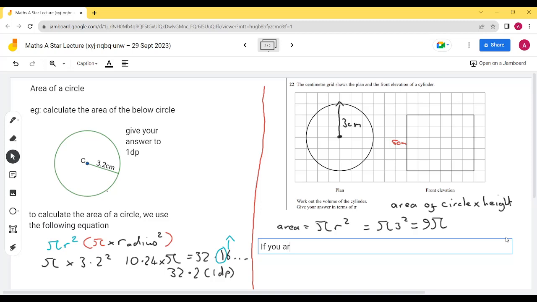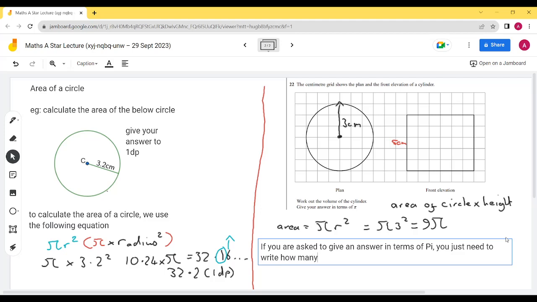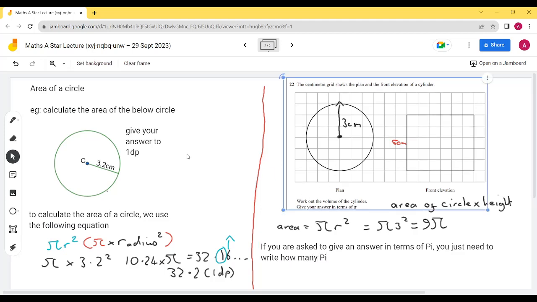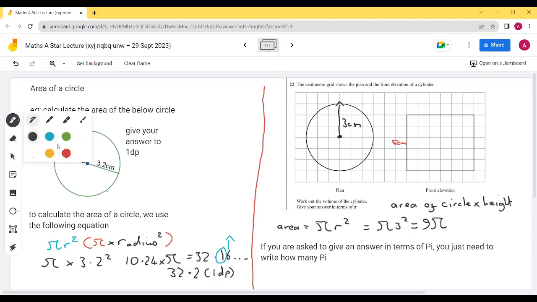If you are asked to give an answer in terms of pi, you just need to write how many pi. In this case it's 9 pi, but we need the volume.